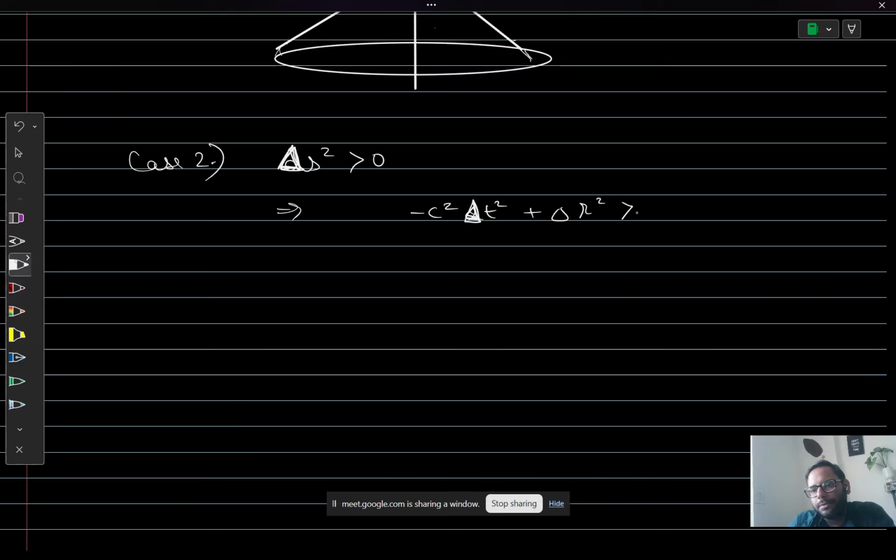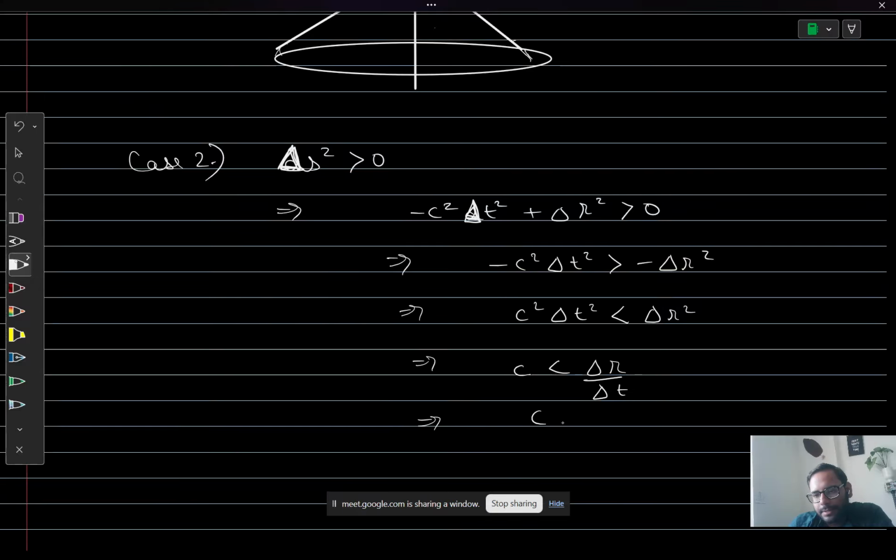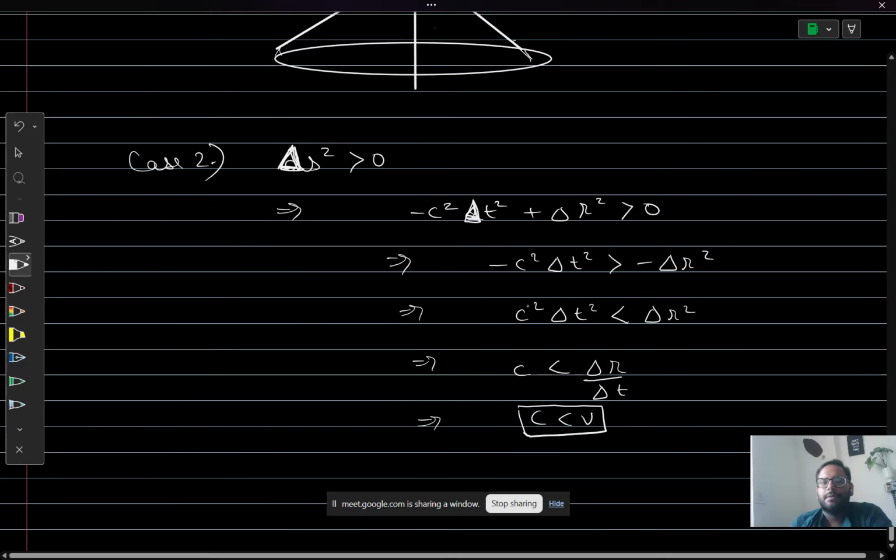Delta r squared should be greater than 0. This implies minus c squared delta t squared should be greater than minus delta r squared. So del r by del t, you can define it as c, less than v.